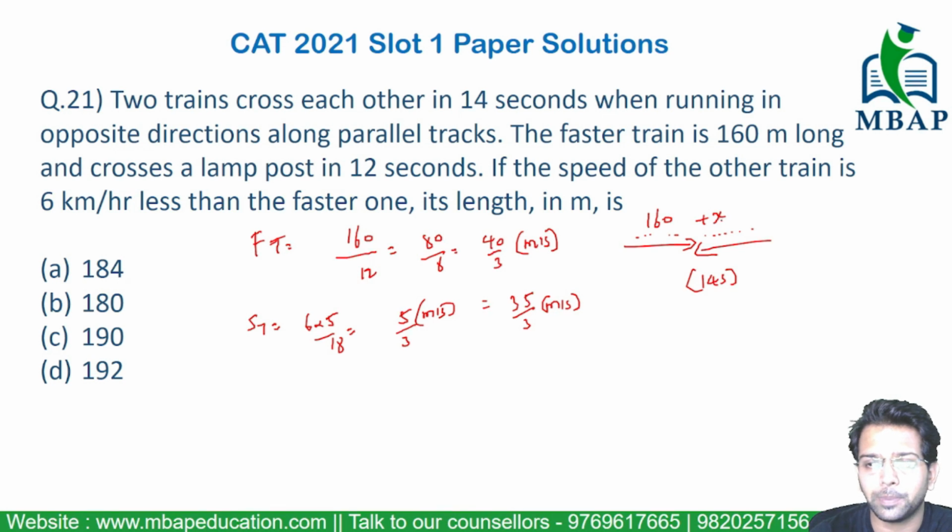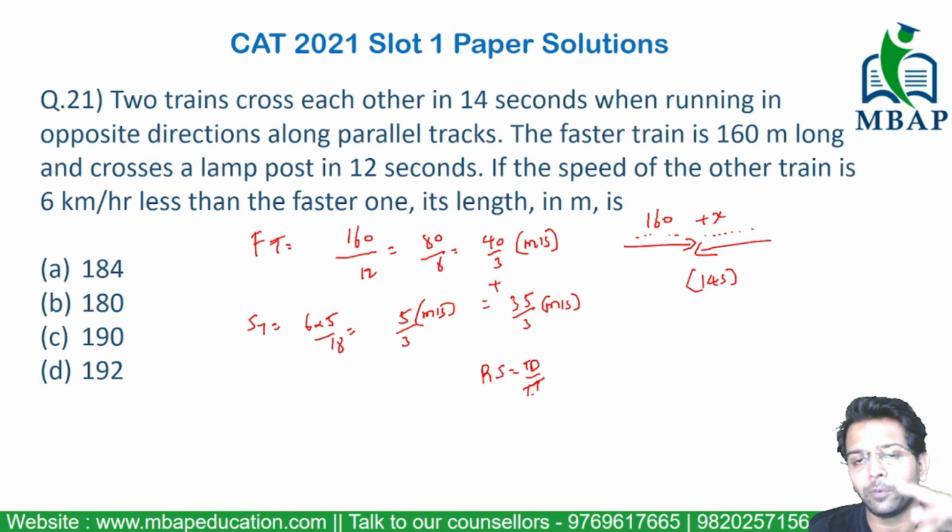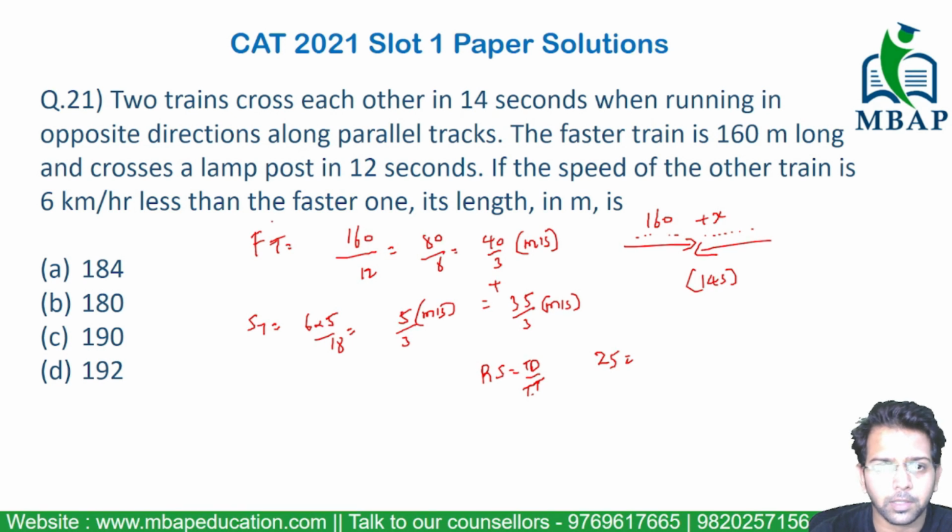Let's assume the length of the next one is x. For the relative speed, we'll use the simple concept: speed is distance upon total time taken. My relative speed will be 40 plus 35 because they are moving in the opposite direction. 75 by 3, which is 25. So this 25 will basically be, just a second, yeah.